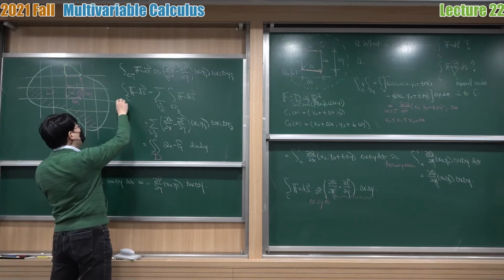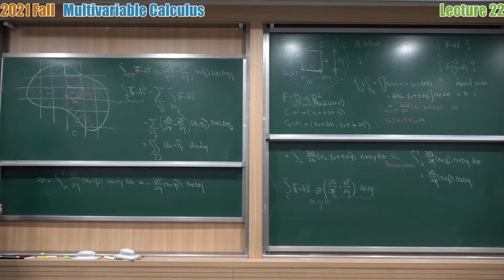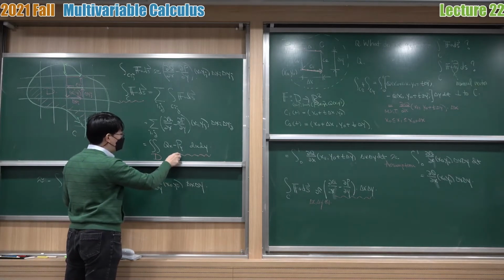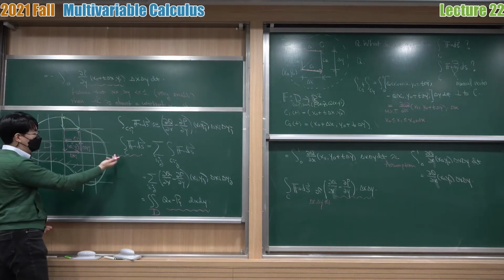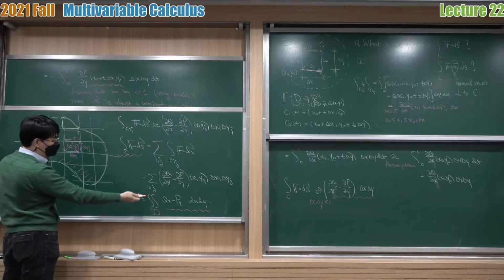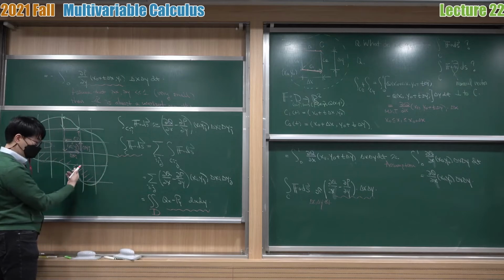So where did we start from? We started from a line integration, and we ended up getting a double integration. The difference is that we had a line integration over the curve, which is a one-dimensional thing, but it's the same thing as a double integration over a two-dimensional domain.